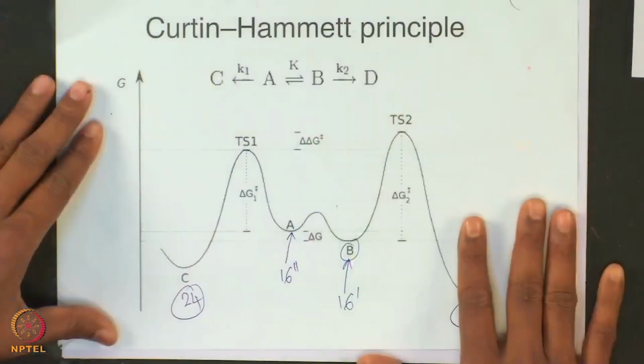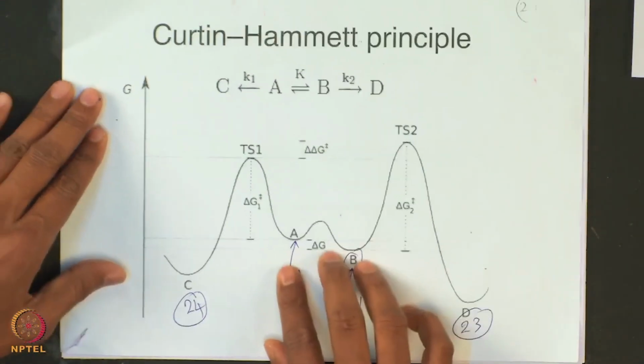Under that condition, the product formation step from those two intermediates will be determined by the next transition state coming out from them. Let us look at this phenomenon one more time in the form of this energy diagram.